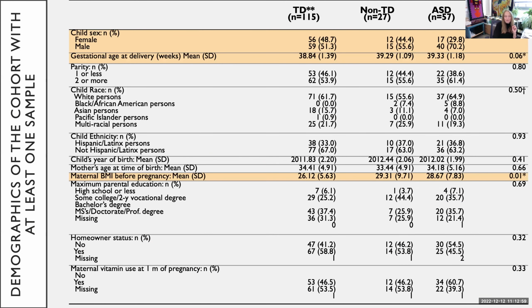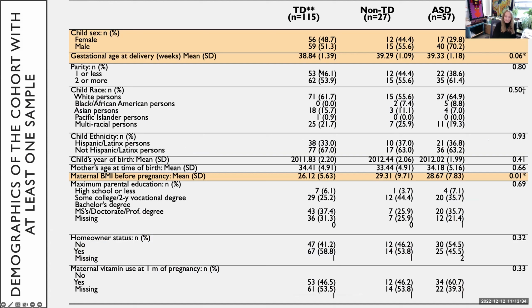This is the demographics of the cohort that we did the metabolomics on, with non-TD, autism, and typically developing. We have non-TD about 27 children, ASD 57. From all the demographic data that we collected, only 3 were significantly different. The child sex was biased towards more males than females, and we know that the incidence of autism is higher in males than females.